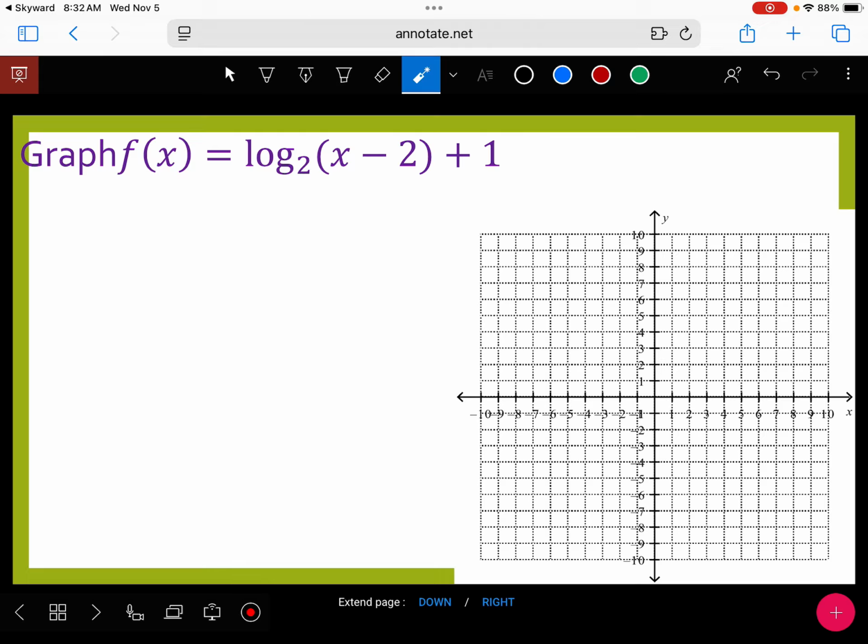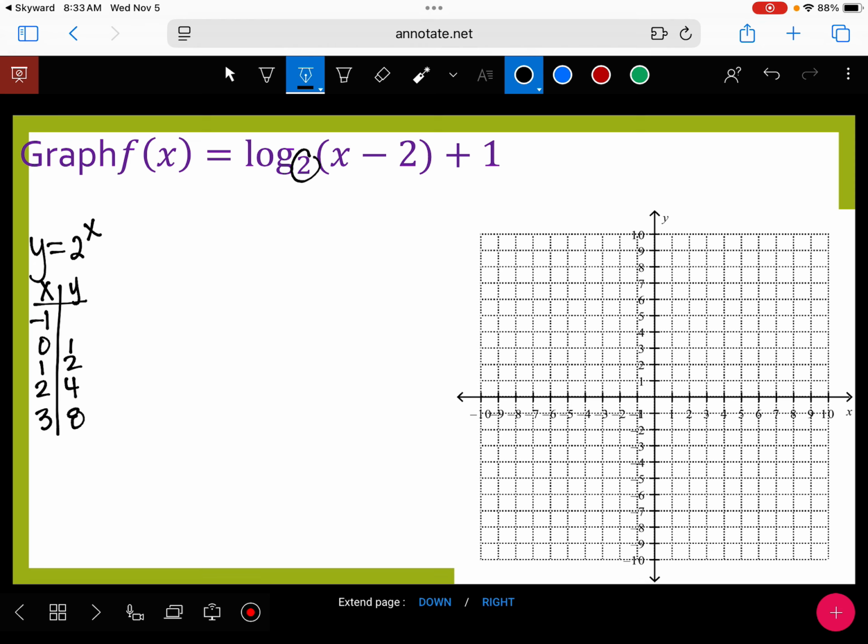Okay, so we've already did the first 2 steps on the last one, but I'm just gonna do it anyway. So again, my base is 2. So I'm gonna start off by making this table. And you should be pretty fast at making this first table because I feel like we make this a lot. That's my first table. I'm not going to graph that.